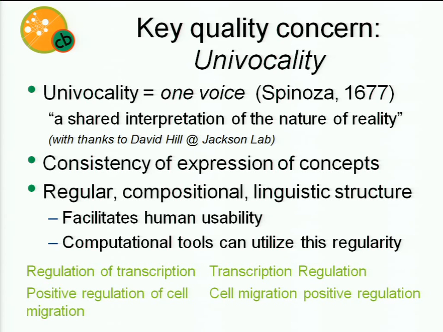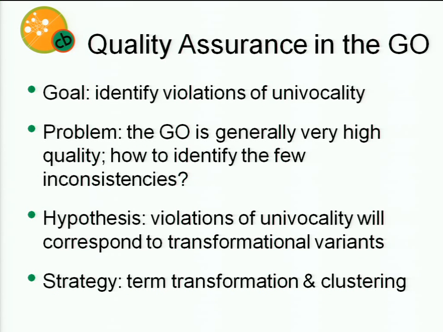So our goal was, in fact, to try to identify cases in which there were violations of univocality, in which two similar, semantically related terms were expressed with a different structure. The problem here is essentially that the GO is generally of very high quality.